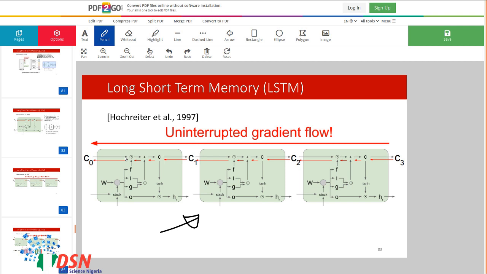As you can see here, now we somehow solve the gradient vanishing problem, because we have this uninterrupted path that lets the gradient backpropagate through the network without much change. So now we don't have the vanishing gradient problem anymore, because the gradient can flow through the network in this uninterrupted path.